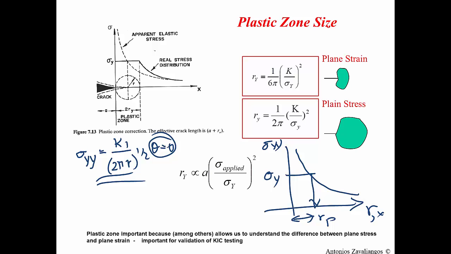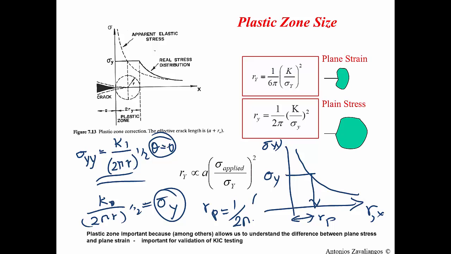So you can take this and put 2πr^(1/2) equals sigma y, where this is the yield stress, and essentially just square this and solve for rp, and you will see that this is equal to this term here, which is this formula right here.